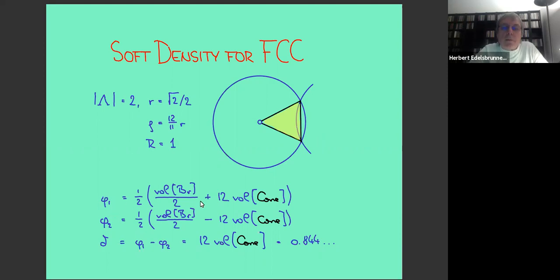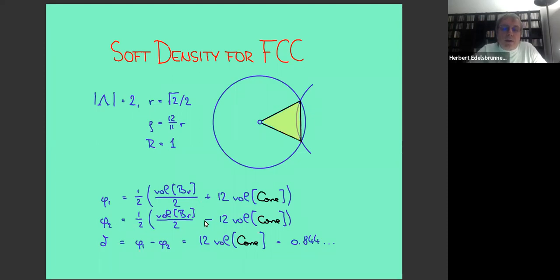Phi1 is, let's see, half the sphere. The first factor 1/2 is just because the norm of the lattice is 2, so forget about this one. I take half the sphere and I take 12 cones. This is the part of the Voronoi cell that's covered by the sphere.